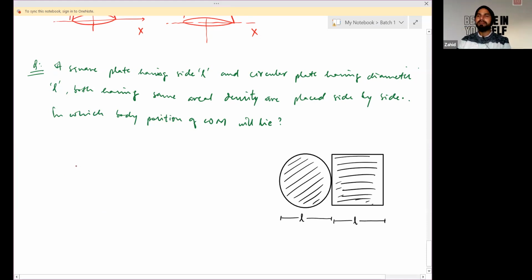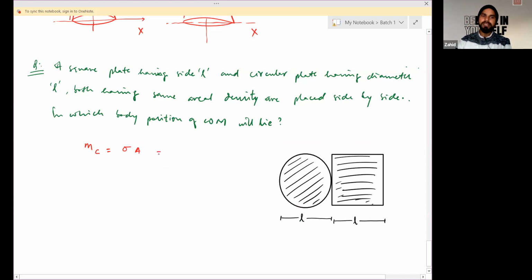Suppose you calculate the mass of each body. Is it a one-dimensional body, two-dimensional body, or three-dimensional body? Heba? Two-dimensional. Good. So the mass of the circular plate will be sigma times its area, as sigma equals mass by area. Since L is the diameter of the circular part, the radius will be L by 2.